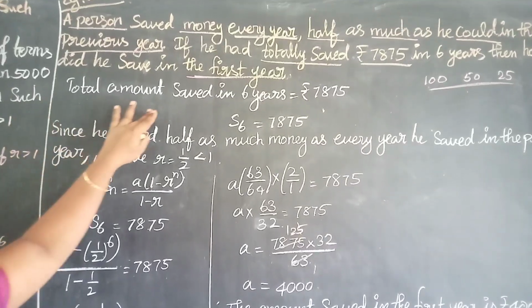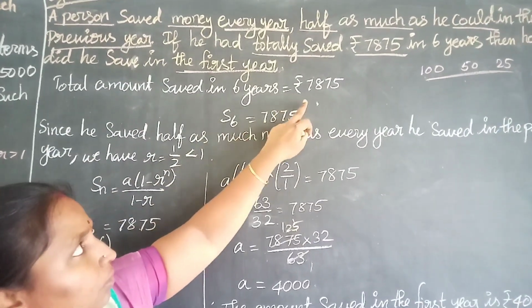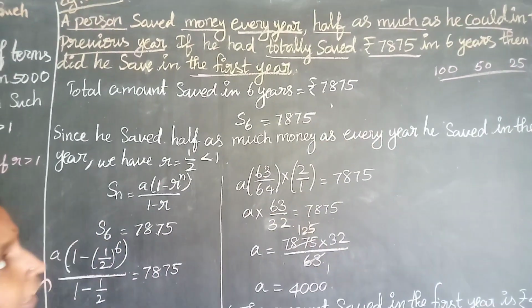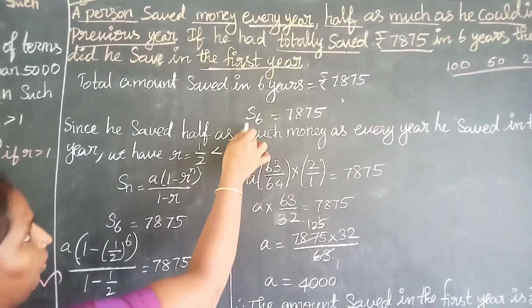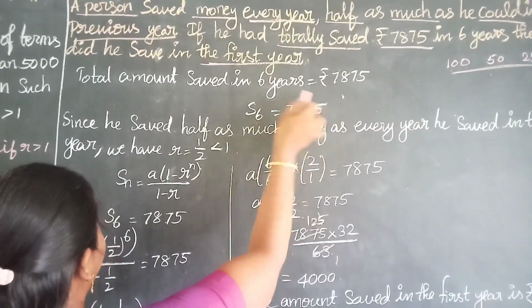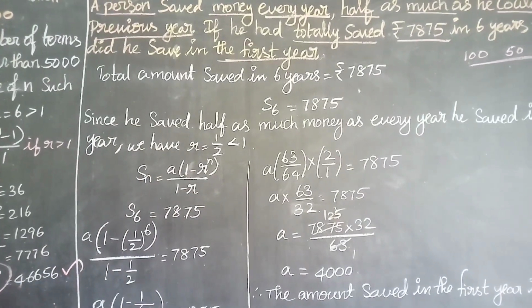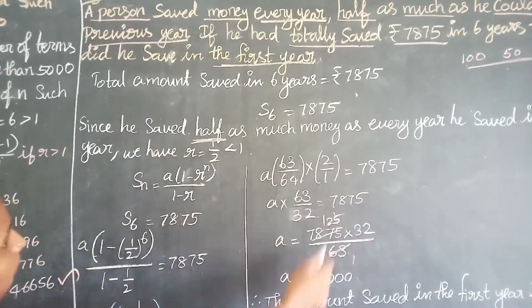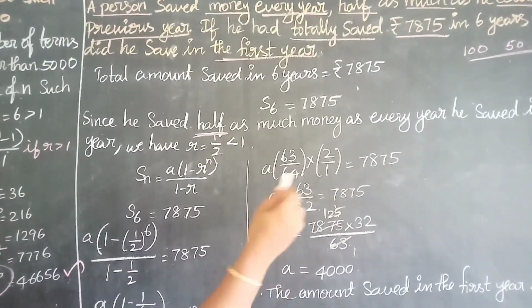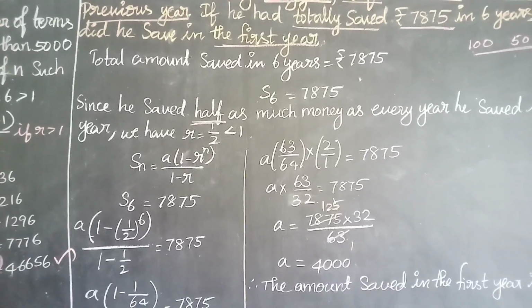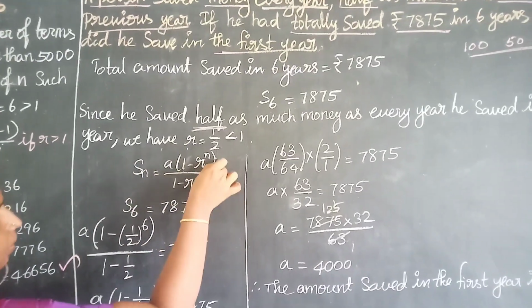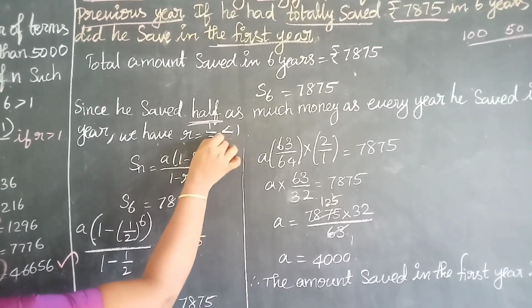Okay. So total amount saved in 6 years equal to 7,875. So S6 equal to 7,875. Since he saved half as much money every year as he saved in the previous year, definitely R should be 1 by 2. So 1 by 2 is less than 1.